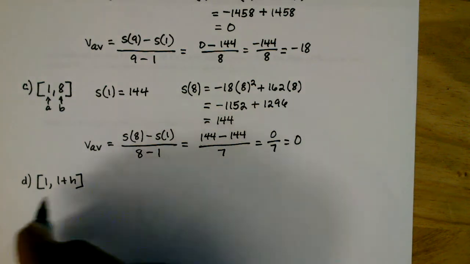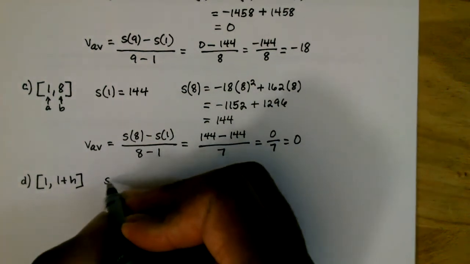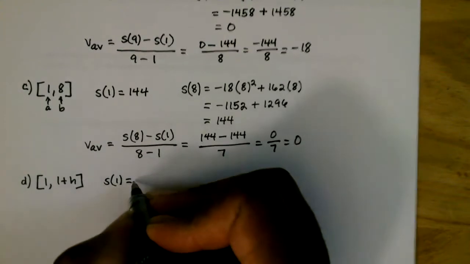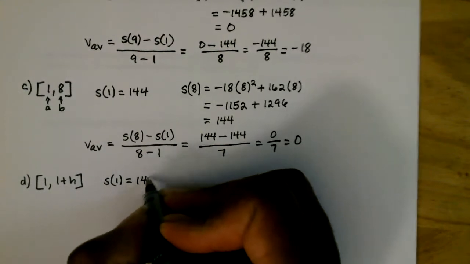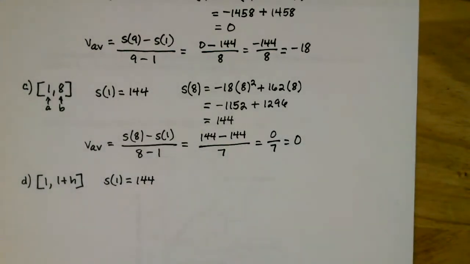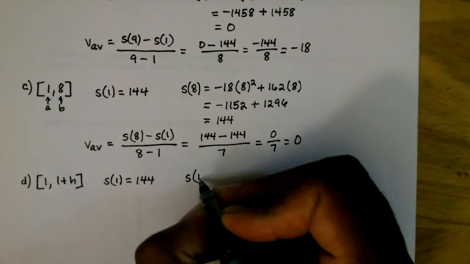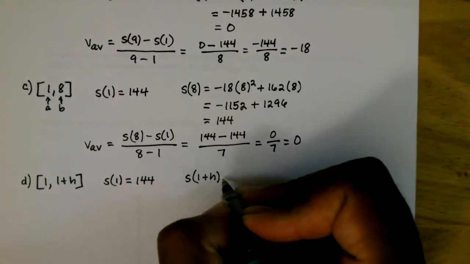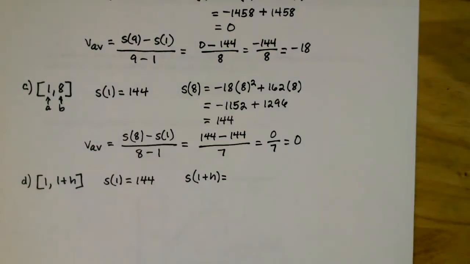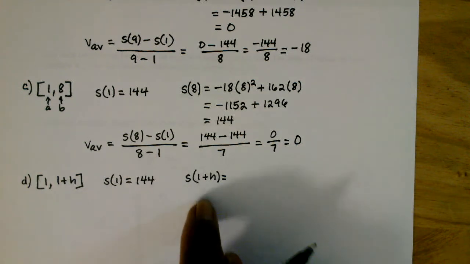All right, from 1 to 1 plus h, well, S of 1 is 144 from parts A, B, and C. Now we need to find out what S of 1 plus h will be. Now we're not looking for a numerical value, we're just looking for an algebraic expression when t is equal to 1 plus h. So that means we take our S of t function, substitute t with the 1 plus h.